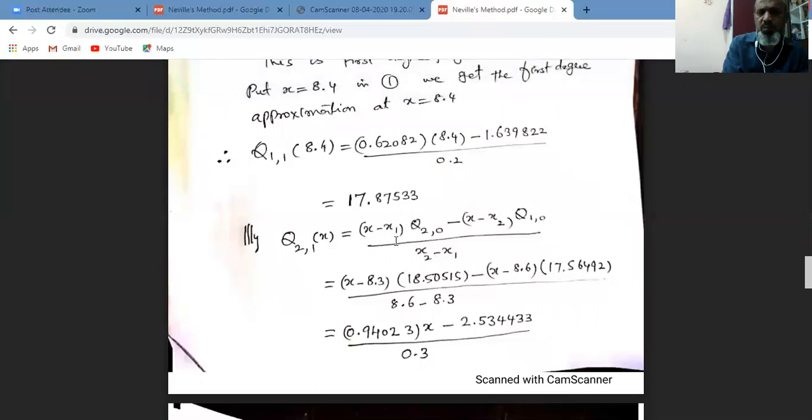Now again, you have to substitute x1, x2 values; q2,0 and q1,0 values we know from the given data. Substituting here the values, it becomes (x minus 8.3) into 18.50515, this is the value of q2,0, minus (x minus x2), it is 8.6, into q1,0 value is this.